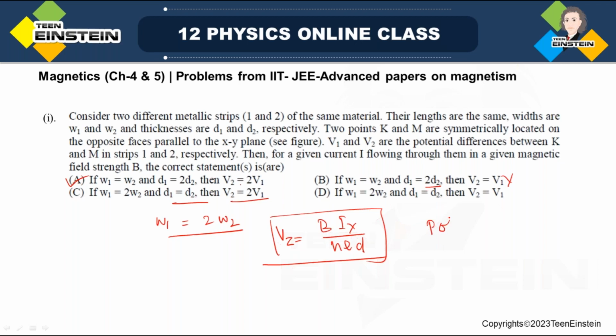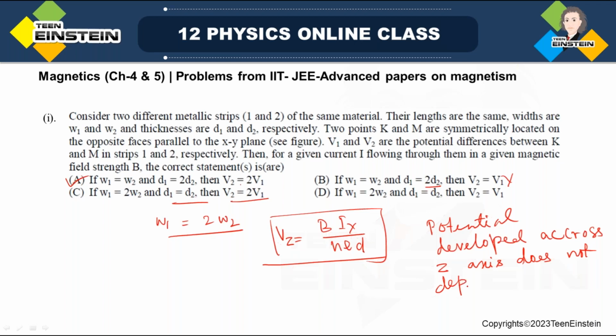So the potential developed across the Z axis does not depend on the width.